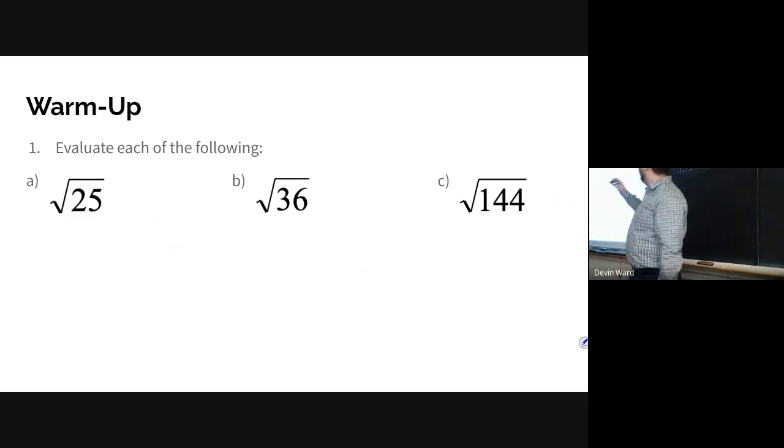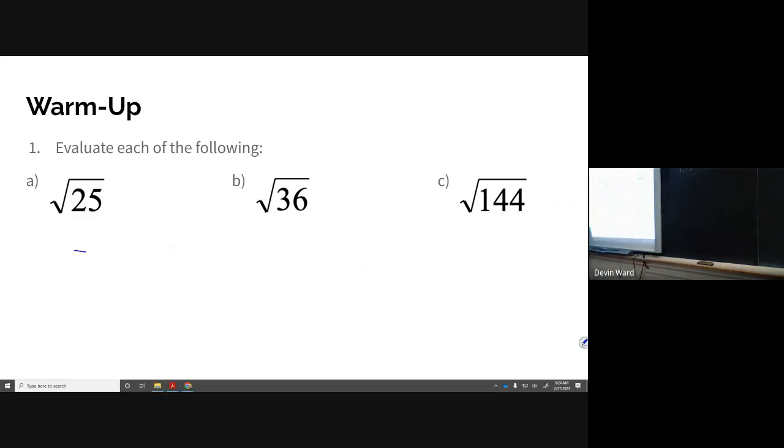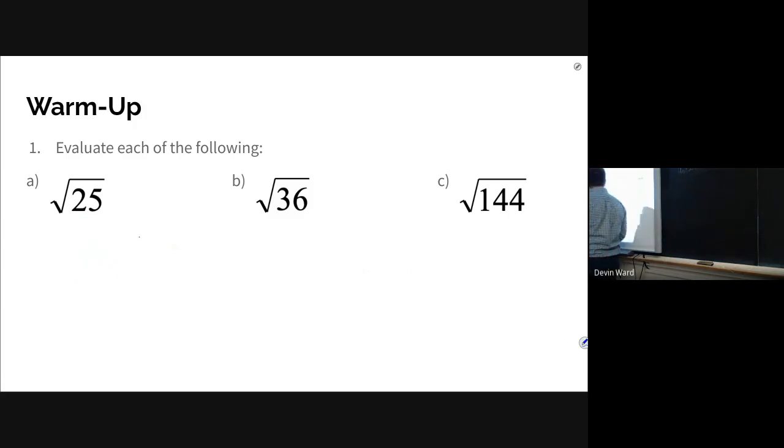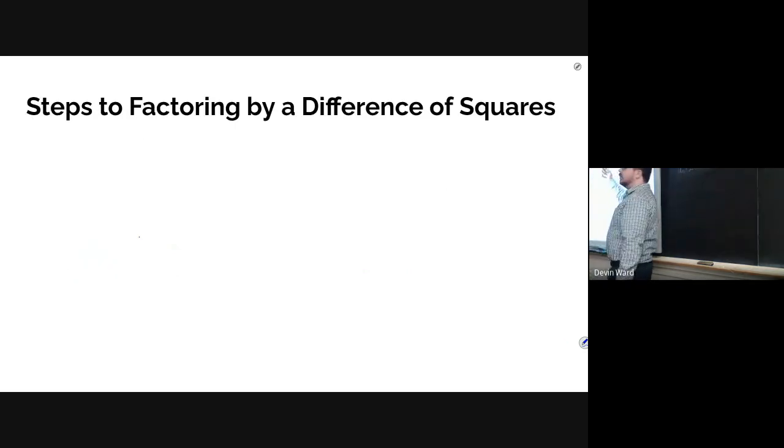The other thing I want to talk about: these numbers, the 25, the 36, and the 144, we call them squares because 5 squared is 25, 6 squared is 36, and 12 squared is 144, so these are all squares. So when we talk about difference of squares, we are subtracting the squares.